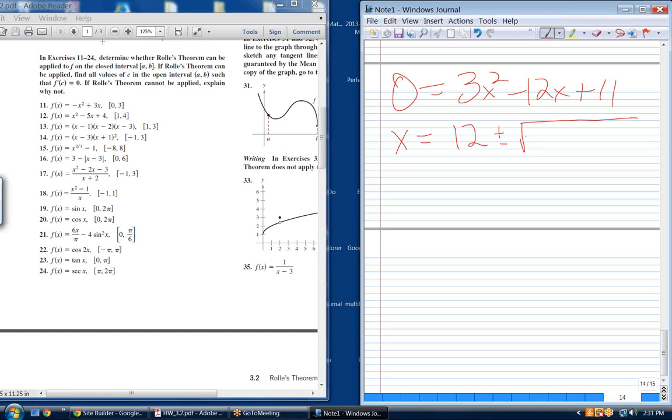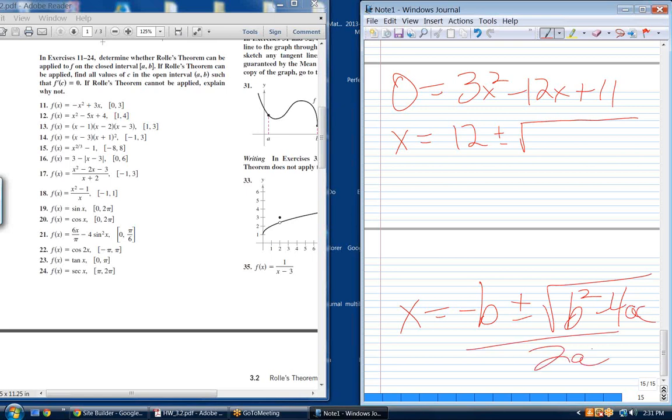So negative b is 12, plus or minus the square root of b squared, which is 144, minus 4 times 3 times 11, all over 6.